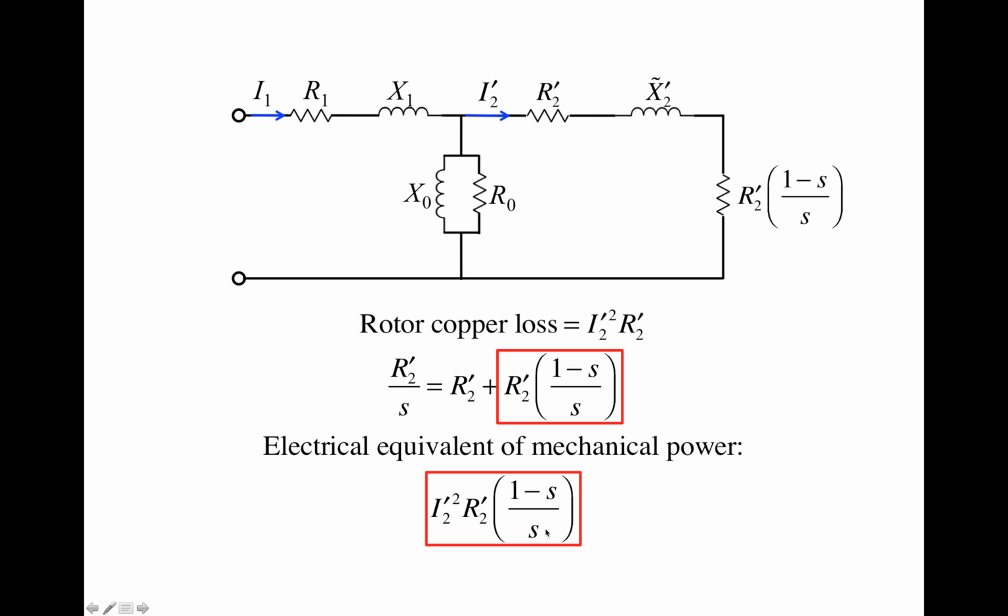That's the electrical equivalent of the mechanical power that goes into or out of this mechanical system. By just looking at this fictitious resistor, we have coupled the electrical domain to the mechanical domain. It's a very, very powerful result, and it looks so clean. It looks so elegant.